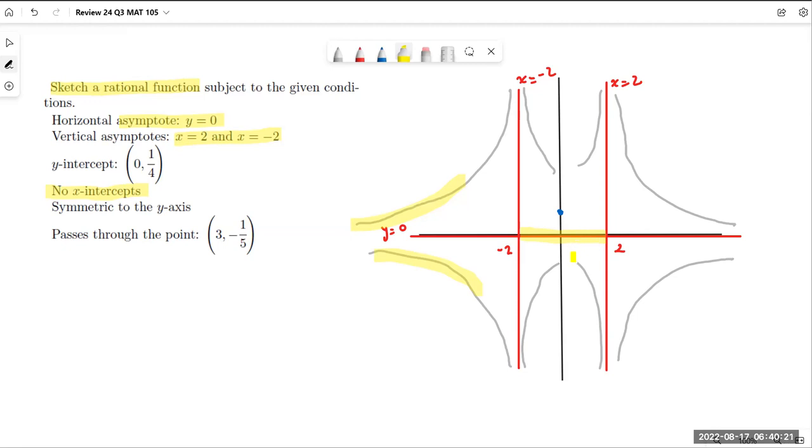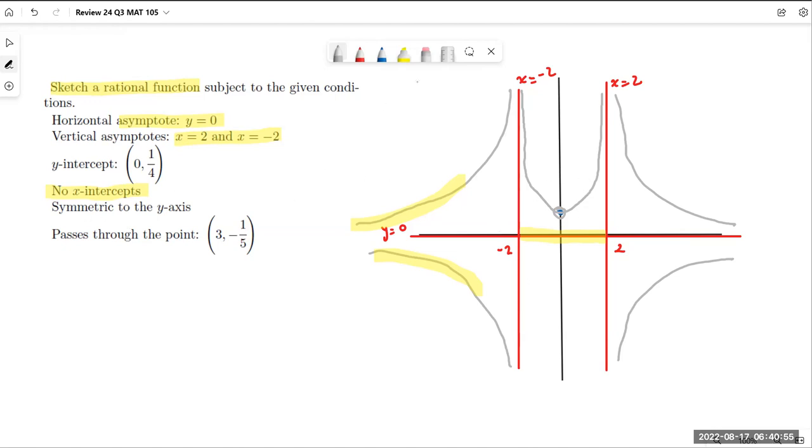So the only possibility left, if you want to pass through this point and not cross the axis, is that you don't have any of these branches on the bottom. So this branch here and this branch here go away. So a better graph for this is going to be something going this way, all the way, having a kind of parabola shape, and then bouncing back. So this is how it should be.